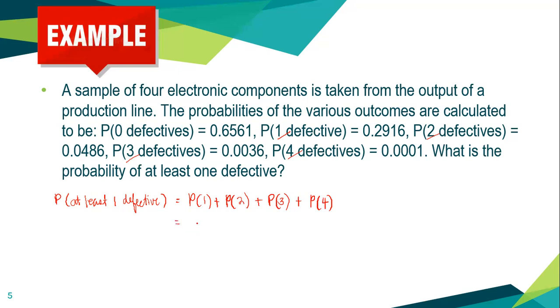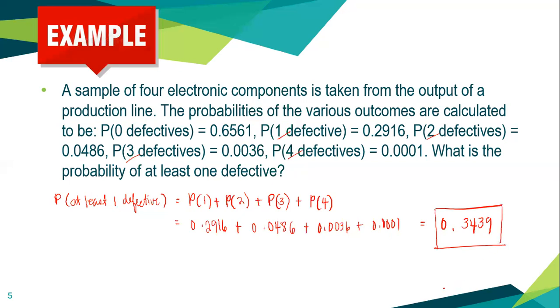So we have 0.2916 plus 0.0486 plus 0.0036 plus 0.0001. And that is equal to 0.3439. And ganun lang kasimple, that will give you the probability of at least one defective.